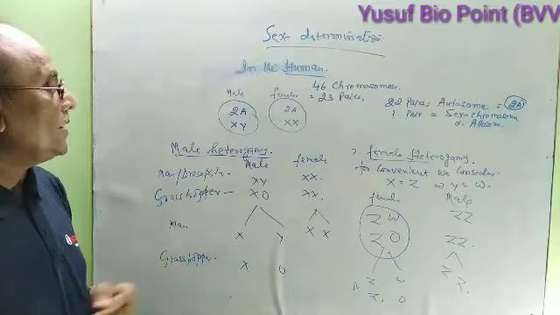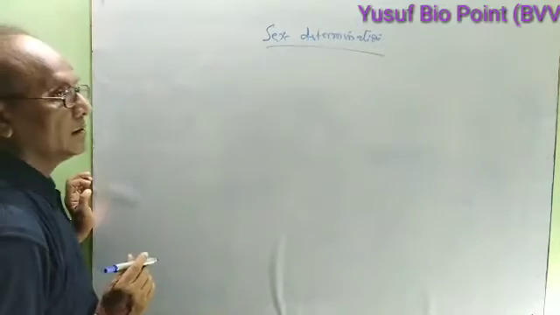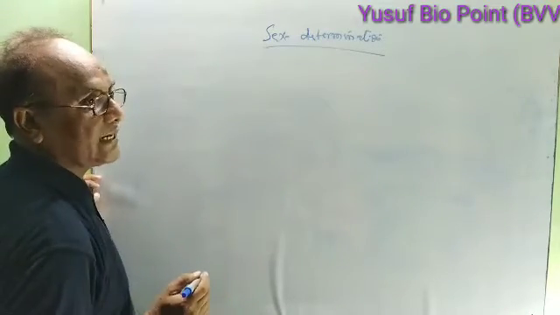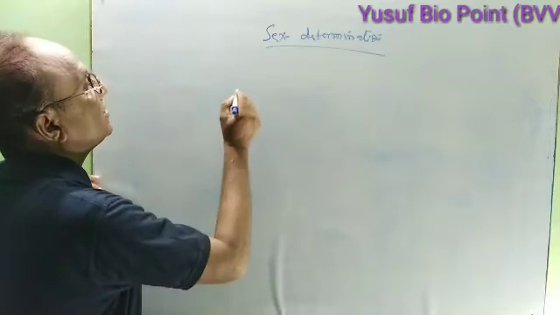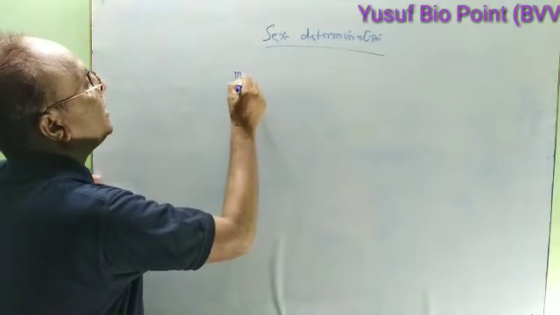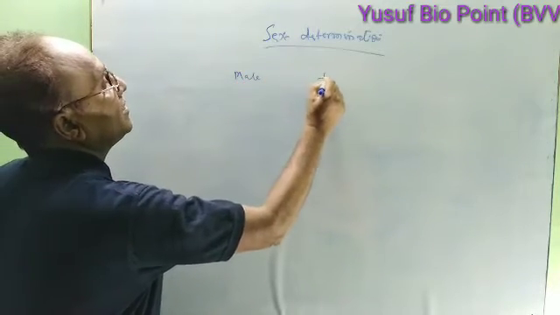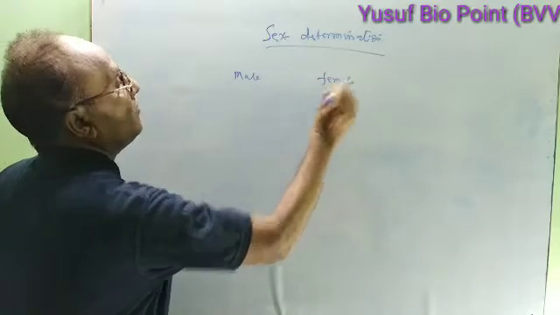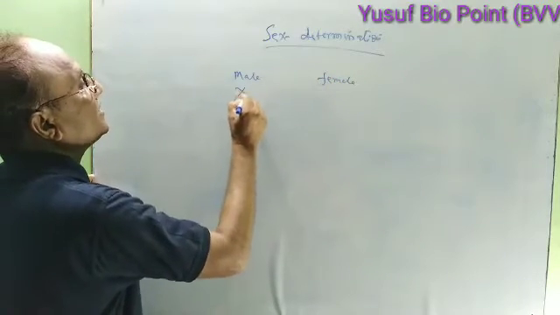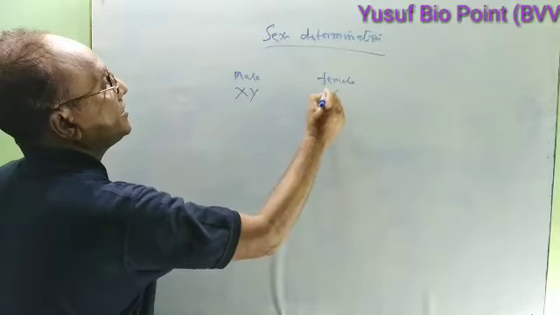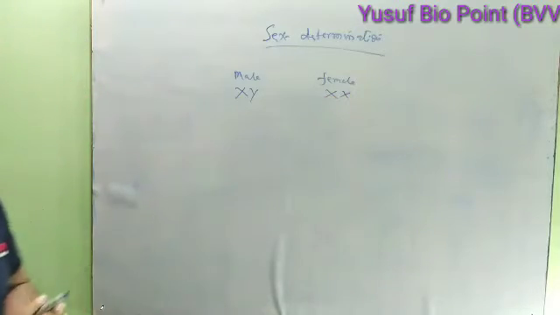Such a situation is called female heterogamy, and when the males have different types of gametes, that is called male heterogamy. Now we see how the sex is determined. This is the male parent and this is the female parent. This is generally XY and XX.